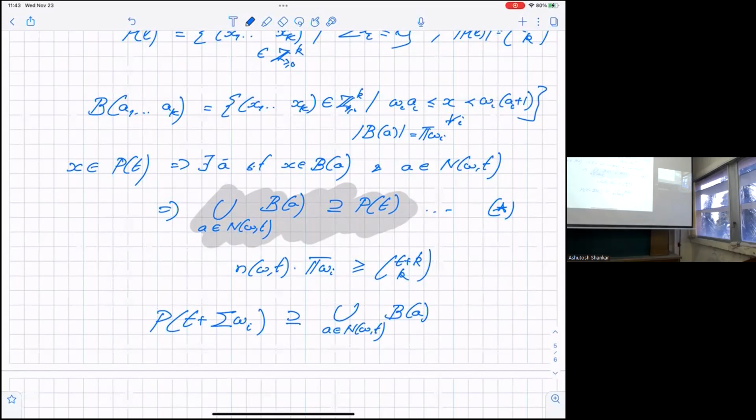I'm going to draw another line over here. This is the line corresponding to T, and this is the line corresponding to T plus summation w. The claim is all of these boxes are necessarily under this. Therefore, you get the other inequality.